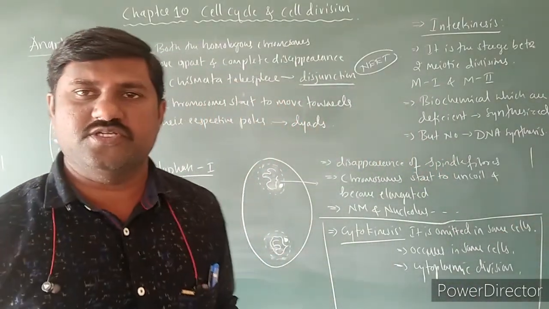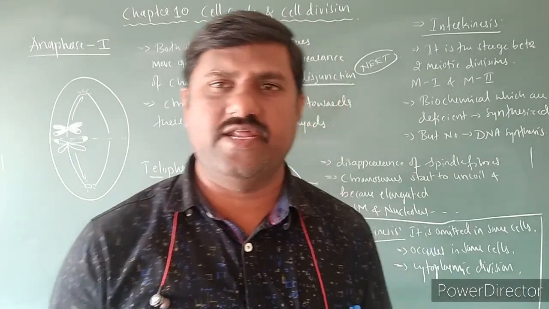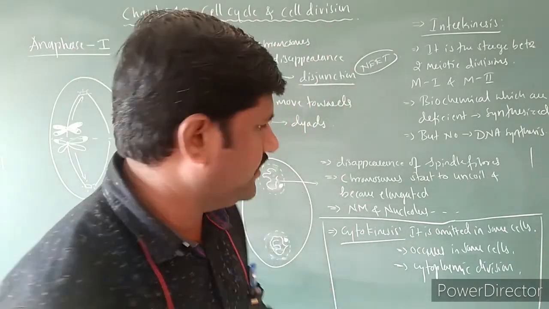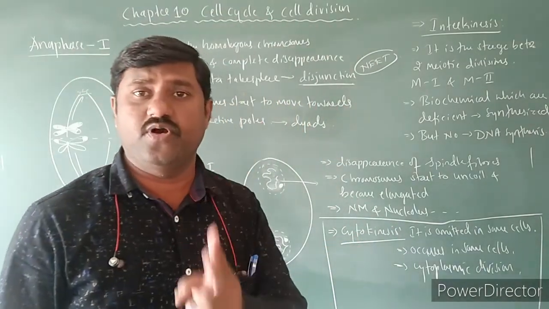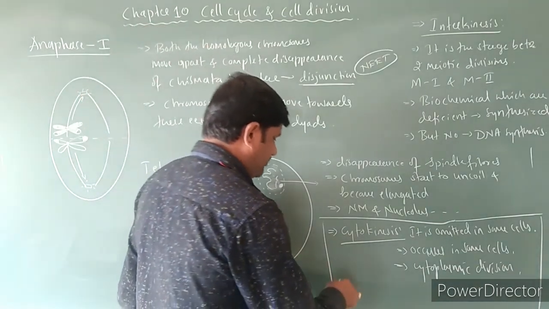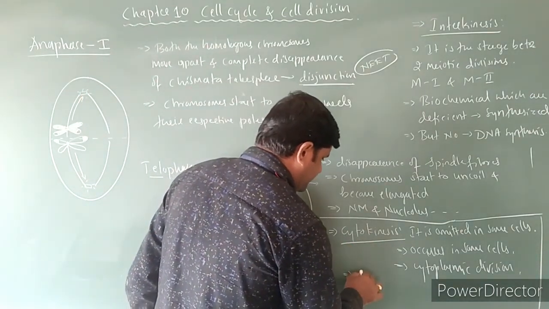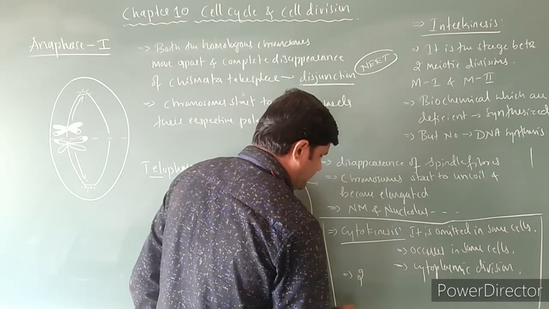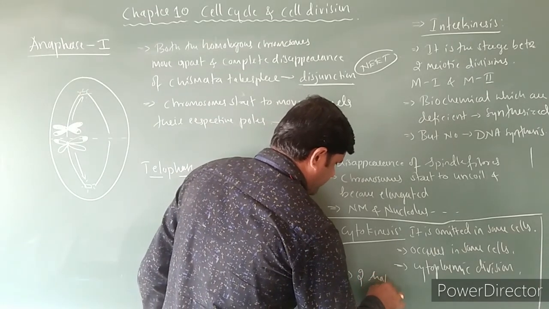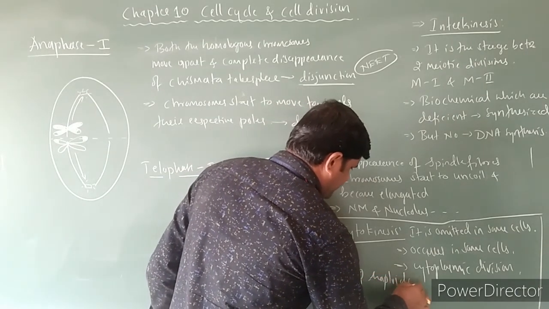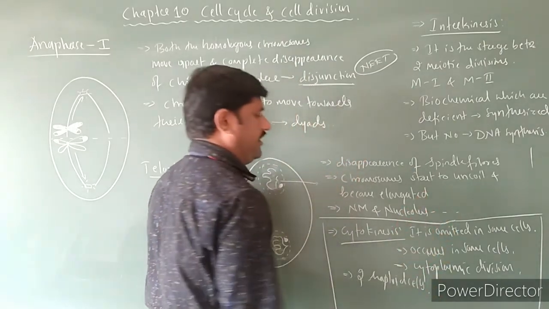An equal proportion of cytoplasm and all cell organelles is distributed so as to form two haploid cells. So as a result of cytokinesis, two haploid cells are formed over here.